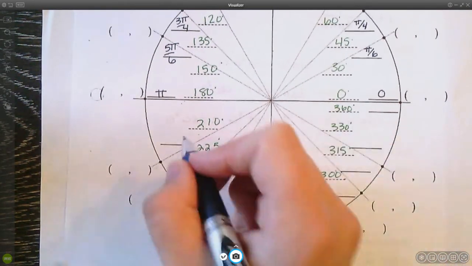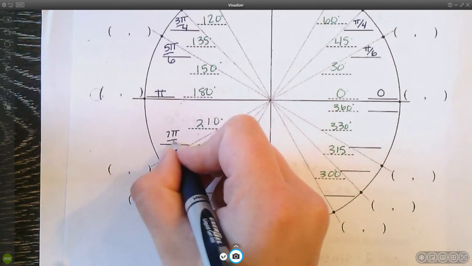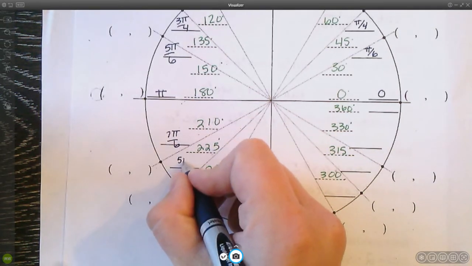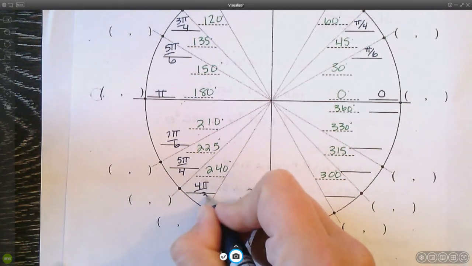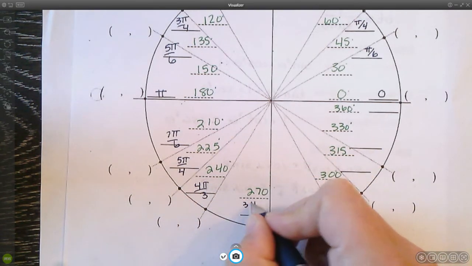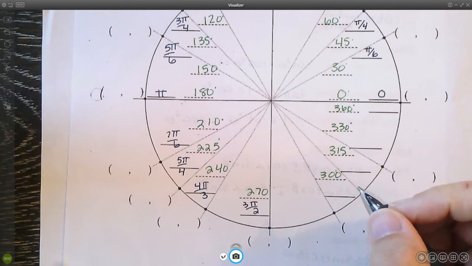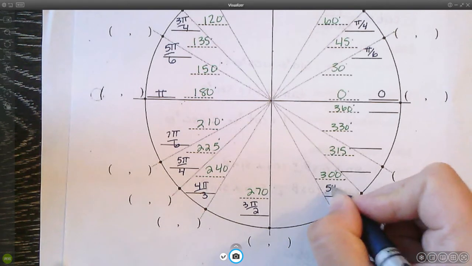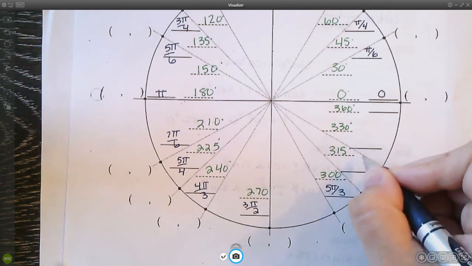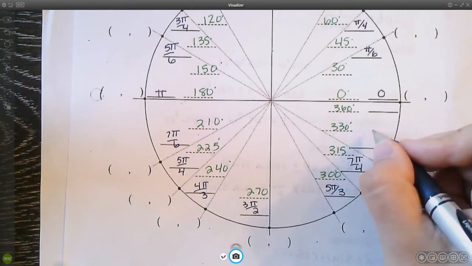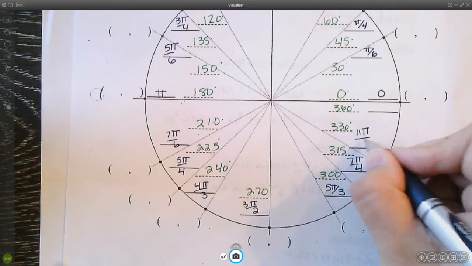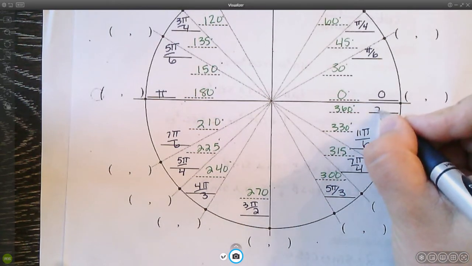Then we've got 7 pi over 6, 5 pi over 4, 4 pi over 3, 3 pi over 2, 5 pi over 3, 7 pi over 4, 11 pi over 6, and 2 pi.